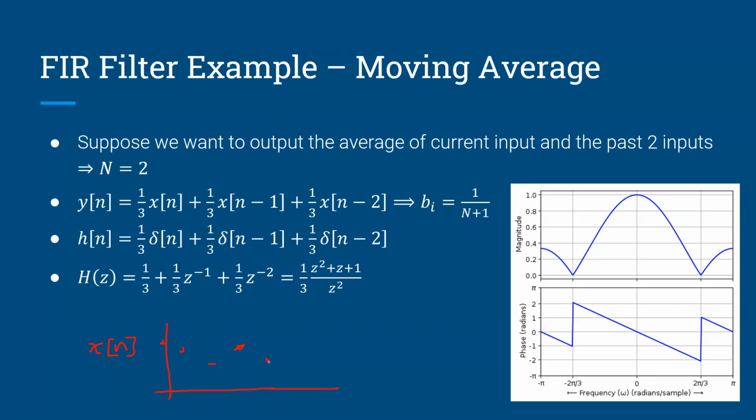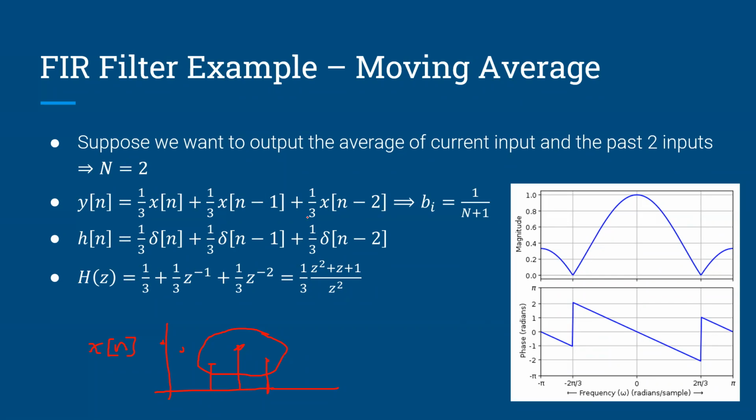Then say you're right here in time, you want to take the past 3 inputs, take these guys, average them, and that's your current output. So here n is equal to 2 because we're taking the previous 2 inputs plus the current input, so 3 total. And clearly the output could just be written straight, like 1/3 x[n] plus 1/3 x[n minus 1] plus 1/3 x[n minus 2].